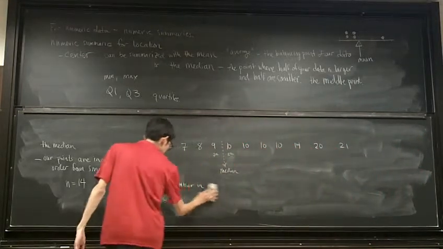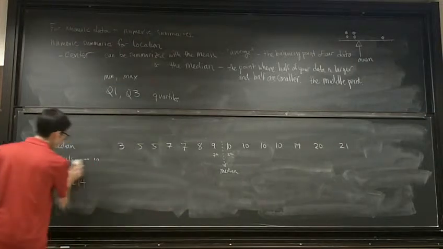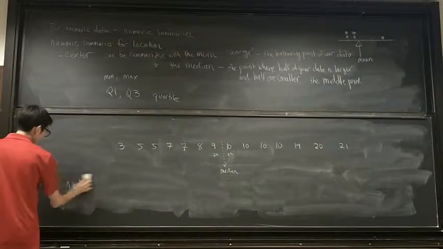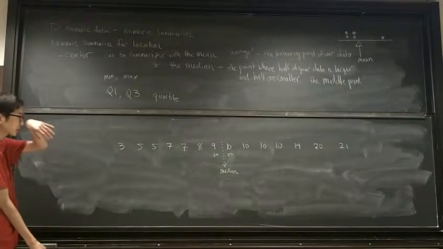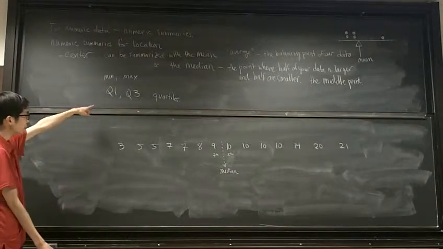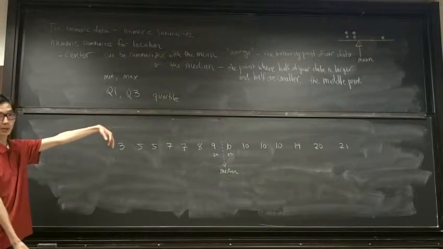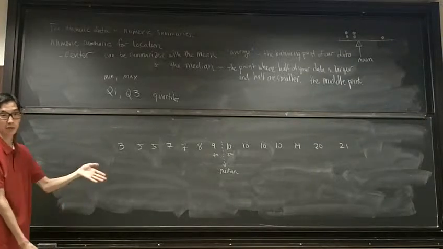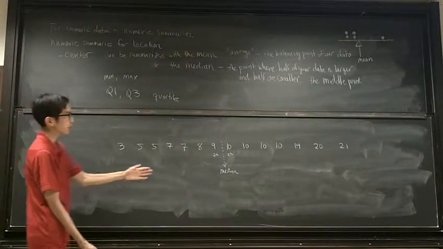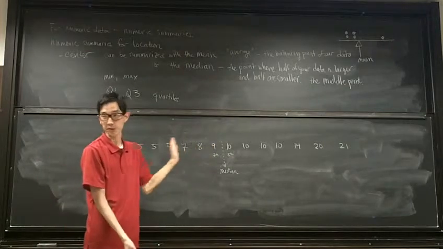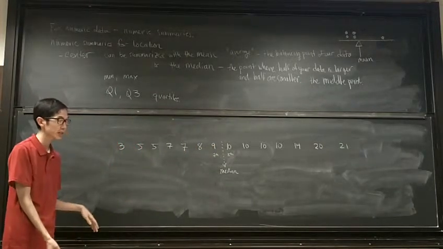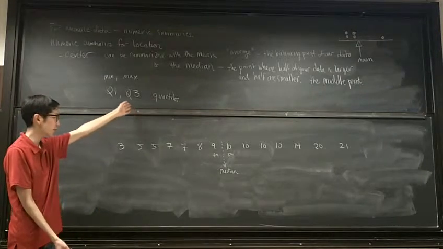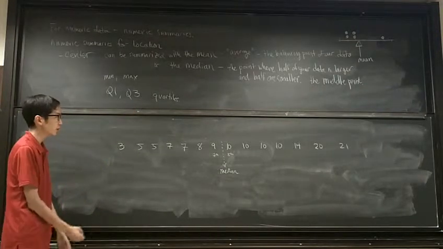Okay, great. The quartiles are kind of like medians, except the median is the point where half are smaller and half are larger. The first quartile is where 1/4 is smaller and 3/4 are larger. And the third quartile is where 3/4 are smaller. Okay, so the first quartile is where 1/4 of the numbers are smaller, and the third quartile, or Q3, is where 3/4.